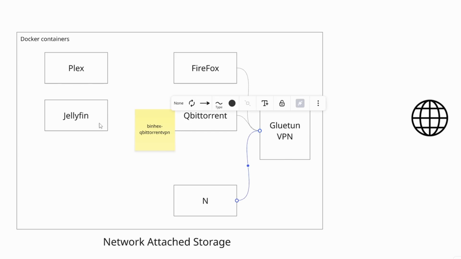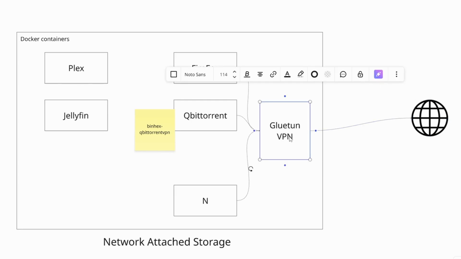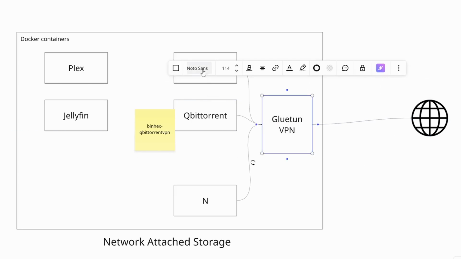In this case we would have to get just one pair of credentials from our VPN provider, and we can then connect all of the Docker containers that need the internet or that require the VPN to route through the Gluetun VPN as their network to the internet. And this is the main concept.